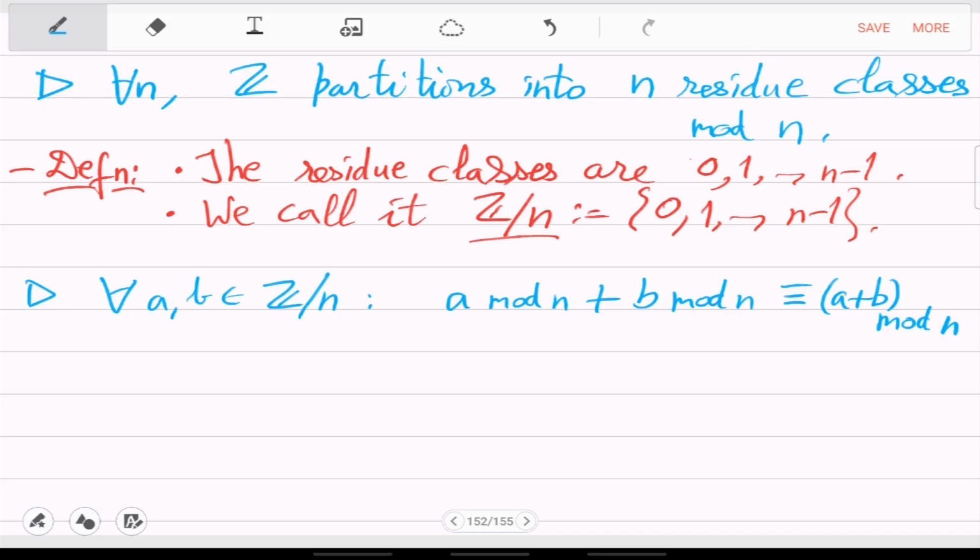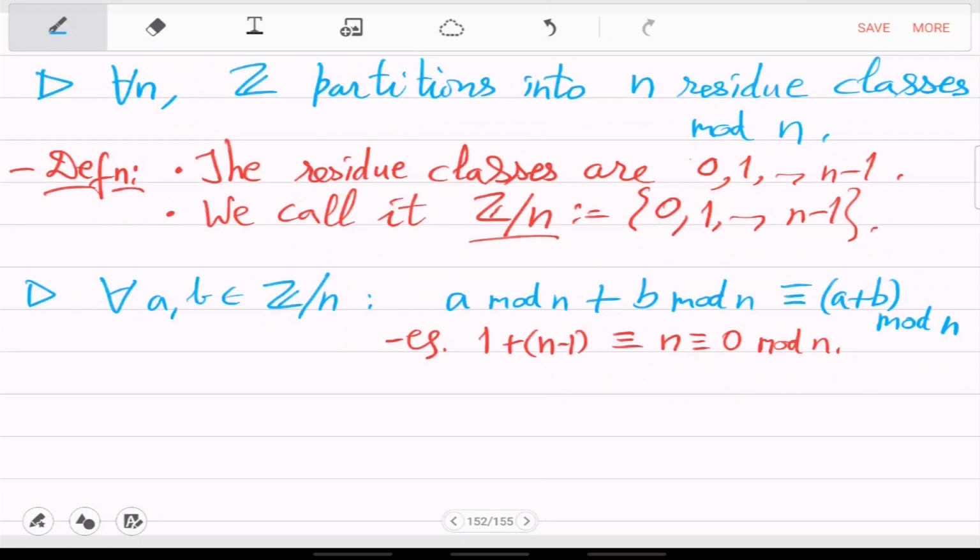So in that sense, every sum is in the set. This is how you bring it back inside the set. So this is called the mod n arithmetic, in particular addition here.